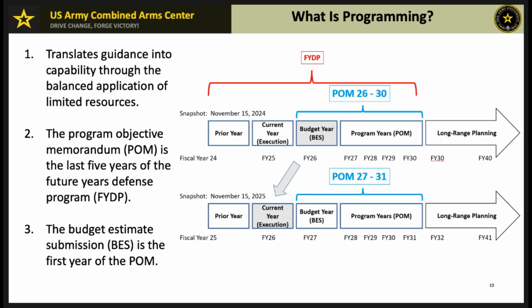Programmers must balance multi-year resource needs, integrating various capabilities into a cohesive, prioritized program. The DoD's PPBE process is iterative, simultaneously executing the current budget, developing the next year's budget, and planning for future years.